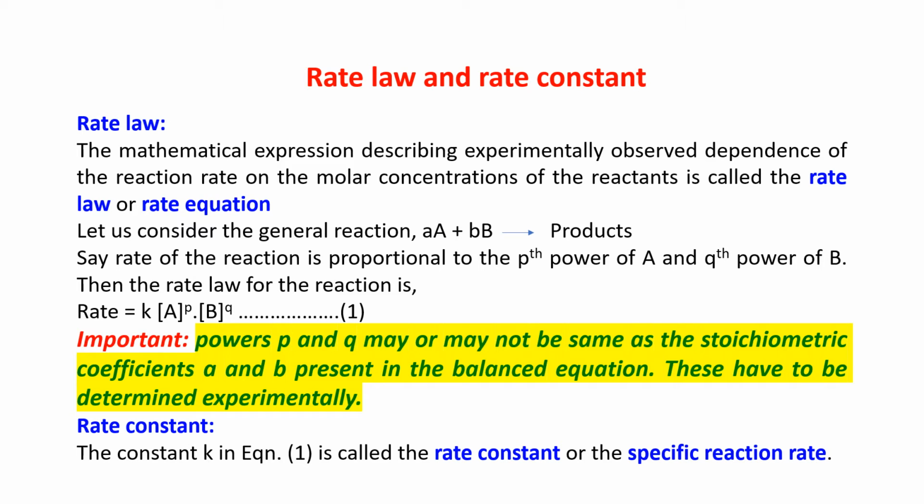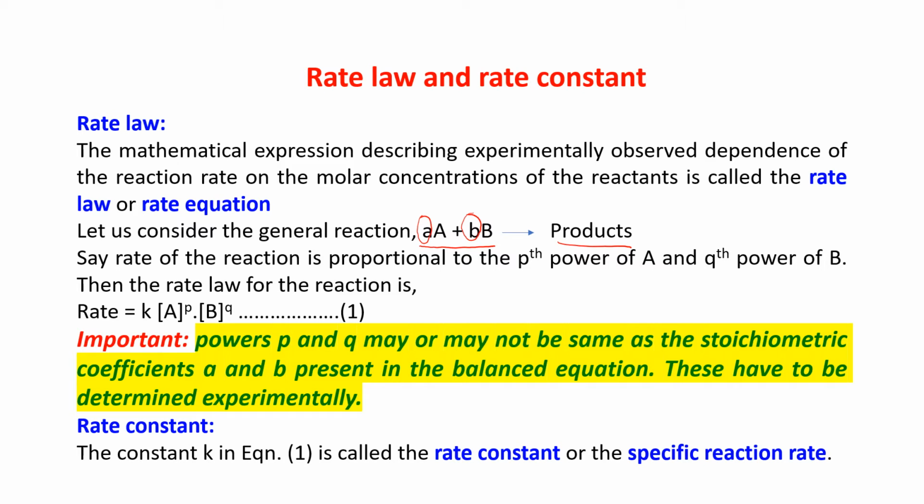Let us consider a general reaction: aA plus bB is giving you product. That means a and b are the stoichiometry in the reaction. Now, the rate of a reaction may not be fully proportional with the stoichiometry. That you have understood.